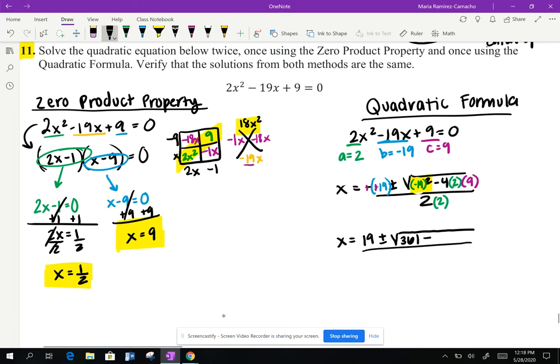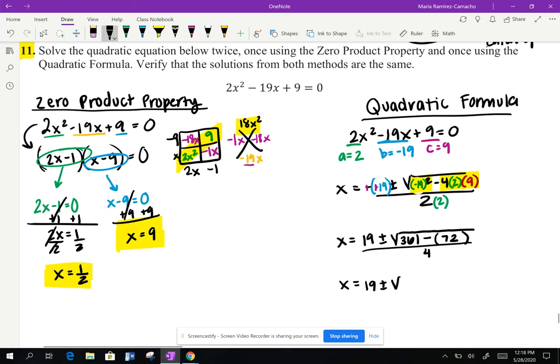And then I put minus, and I'm going to put parentheses, and what I'm going to put in the parentheses is the product of these three numbers. Okay, I'm just going to multiply these three numbers together. 4 times 2 is 8, and 8 times 9 is 72. So right here I put 72. All over 4, since 2 times 2 is 4.